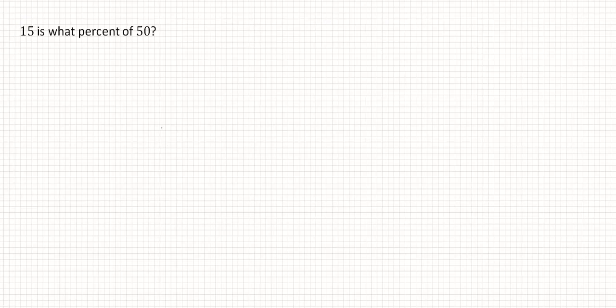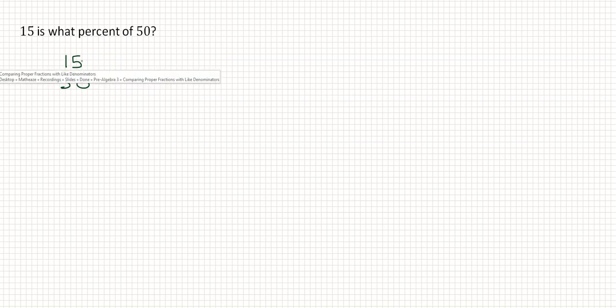So, 15 is what percent of 50? The number after "of" becomes our denominator, and the number before "is" becomes our numerator. We first look to see if we can simplify this. We divide by 5 here, we get 10.